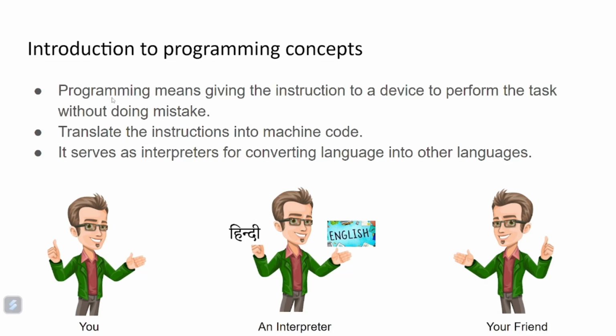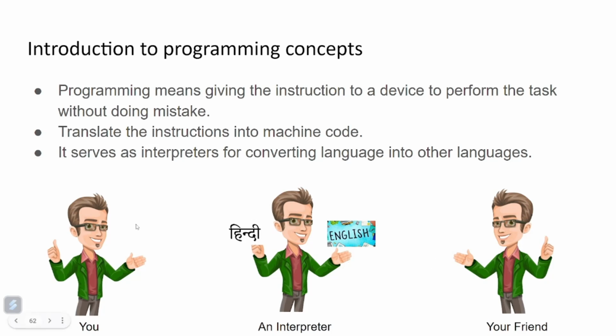Programming means giving instructions to a device to perform a task without making mistakes. It translates the instruction into machine code. It serves as an interpreter for converting one language into another language. Here I included a picture. As you can see, you are here, and one is the interpreter, and the third person is your friend.